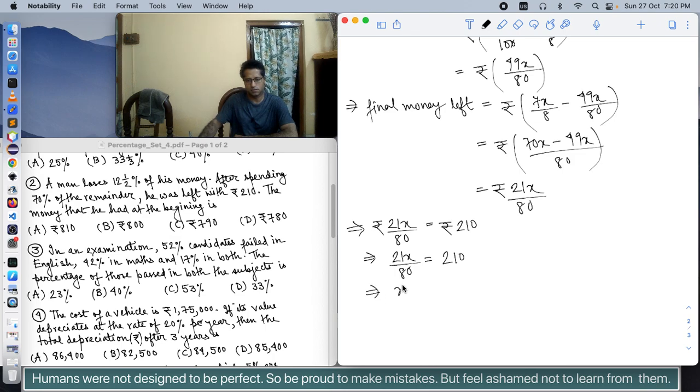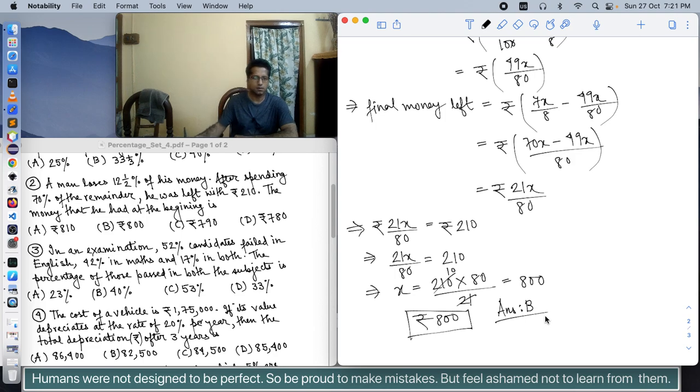This implies X should be equal to 210 multiplied by 80 divided by 21. So 21 cancels 210 with 10, and this is equal to 800. So rupees 800 is the initial amount of money the man had, and hence the correct choice is B. B is the correct choice.